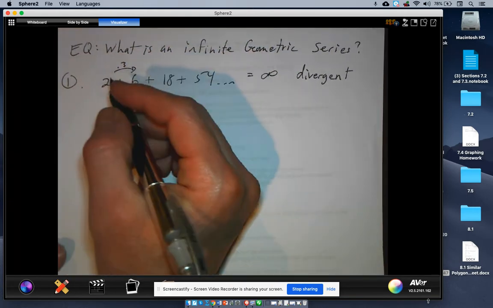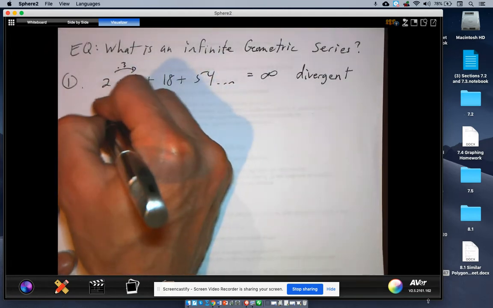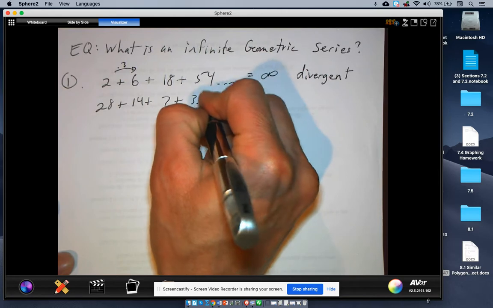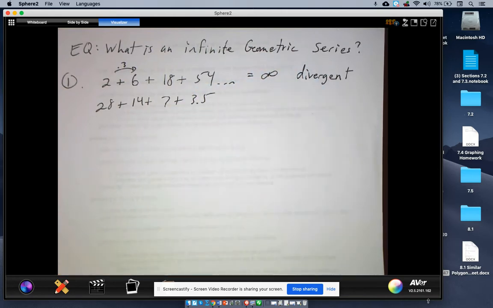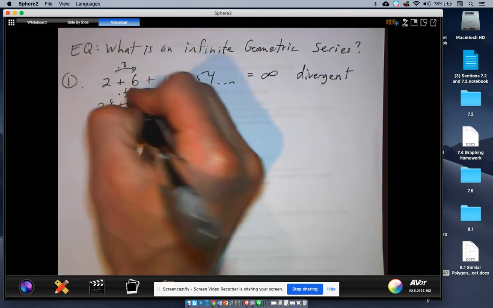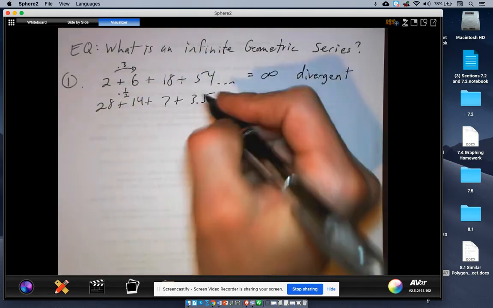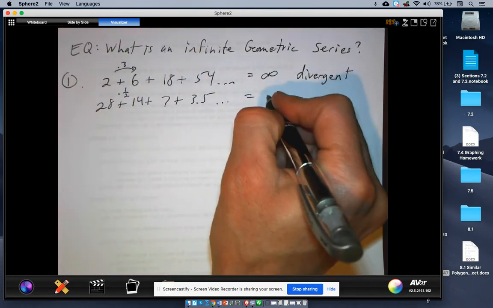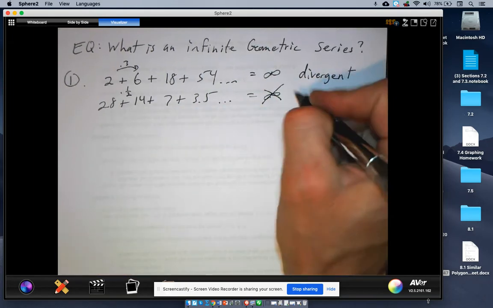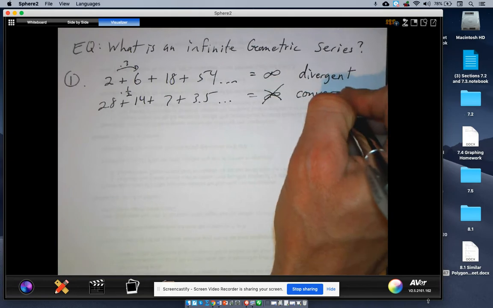But there are some weird cases where it goes smaller like this, and basically I'm dividing by 2 here, or say multiplying by 1/2, that it doesn't go to infinity, right? Because it's getting smaller and smaller and smaller, and actually it's going to converge.